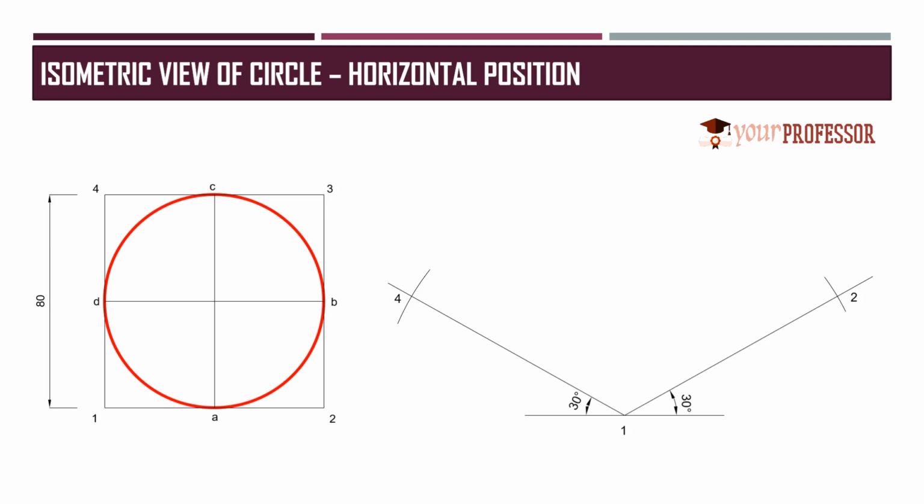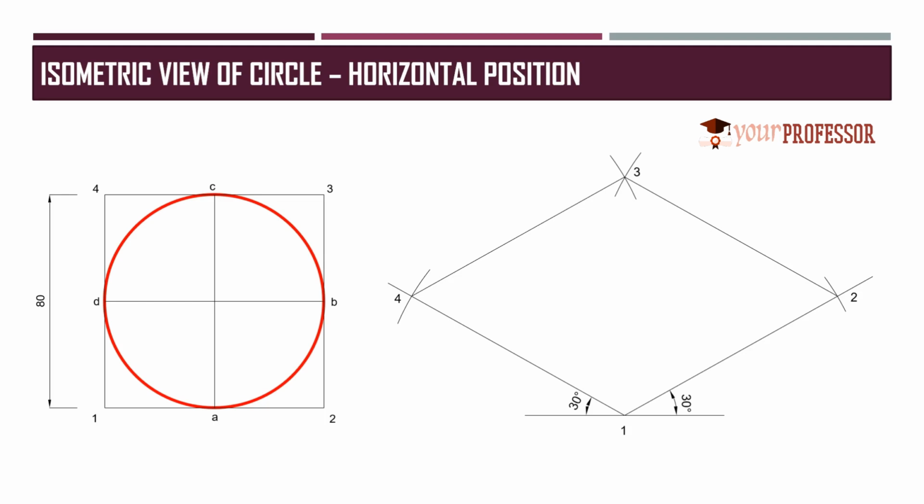That will be point 4. Now let's consider the point 3. With 2 as center, drop arc by considering a radius of 80 mm. And again 4 as center, drop another arc to intersect the earlier drawn arc. That will be point 3. Join 2 and 3 and 4 and 3. Right? Just we have constructed the square.